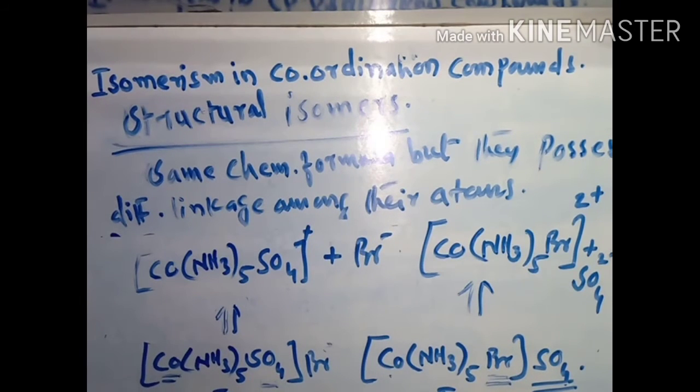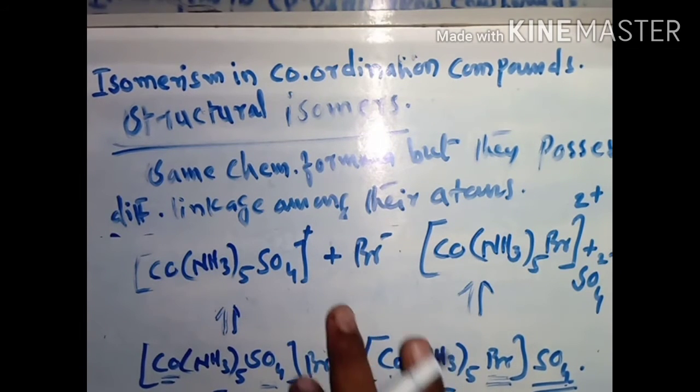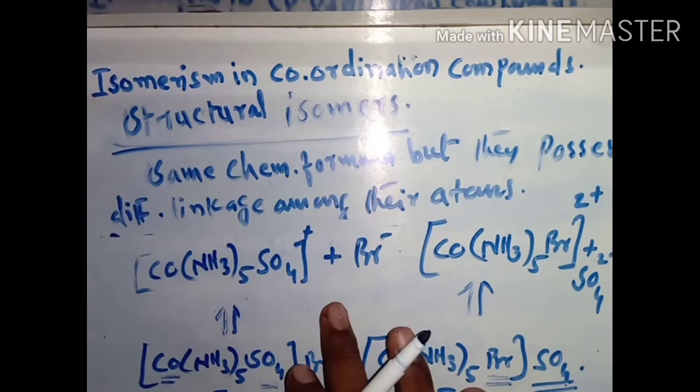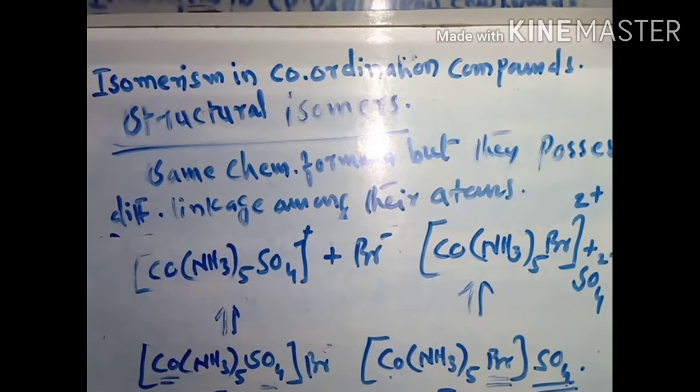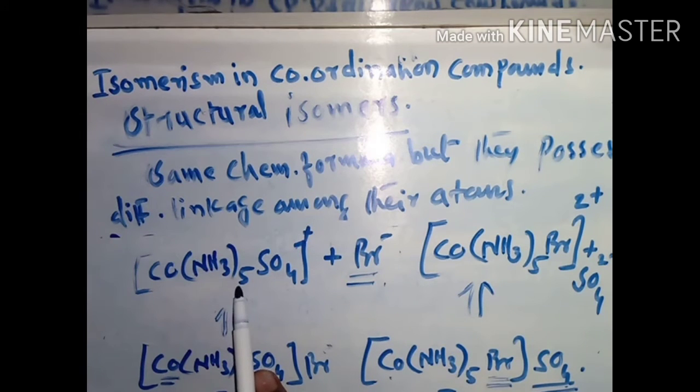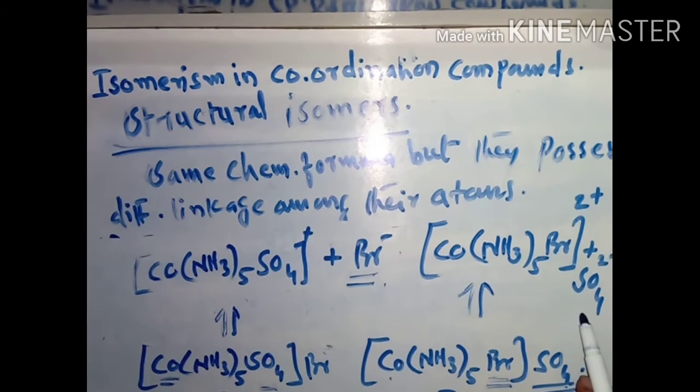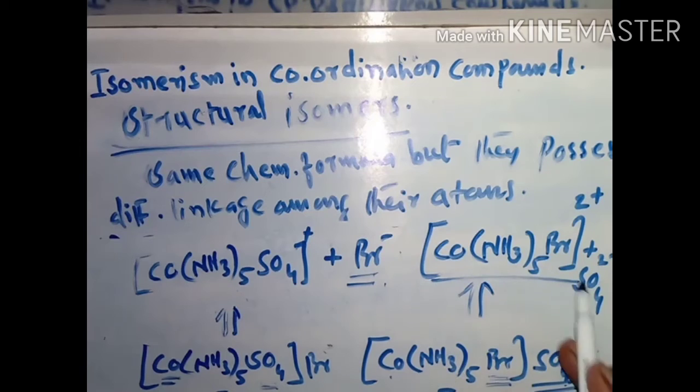meaning all the atoms or ions present in both of the complexes are same, but when they are dissolved in water or ionize, the first complex gives the bromide ion with this cationic complex, and the second complex will give the sulfate ion with this cationic complex.